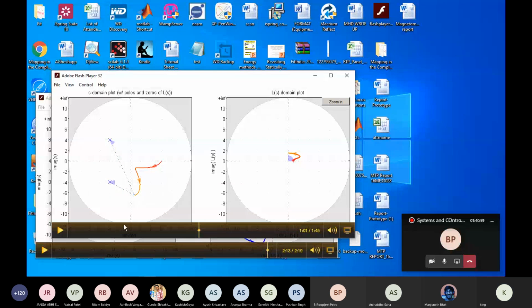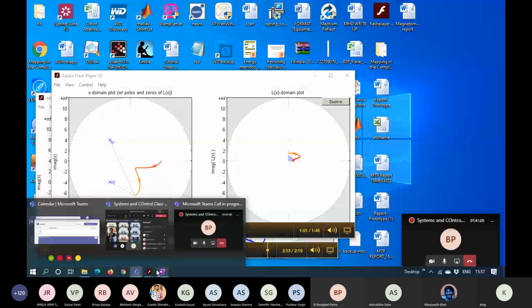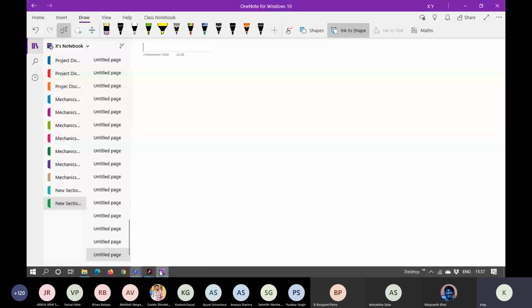Let me get back to my OneNote for a minute or two to explain this idea through a simple example. What about, let us say, multiple zeros?